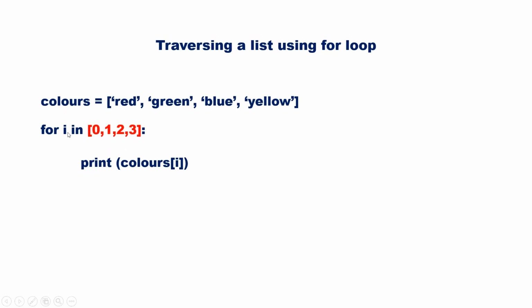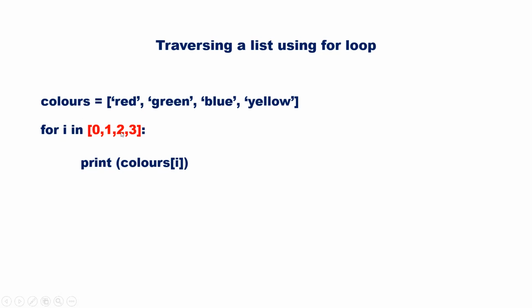Hence the variable i will first take the value 0, then print colors[0] will return the value at position 0. Hence red will be printed. Next i will take 1 and print colors[1] will print green.